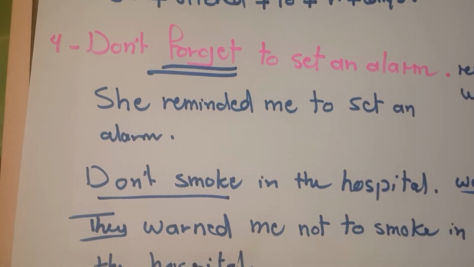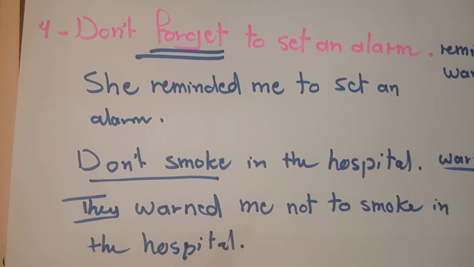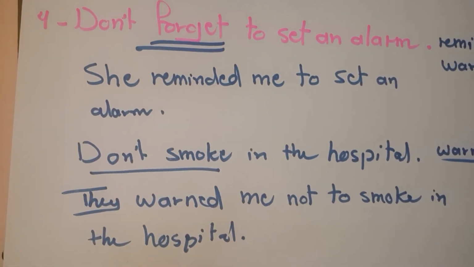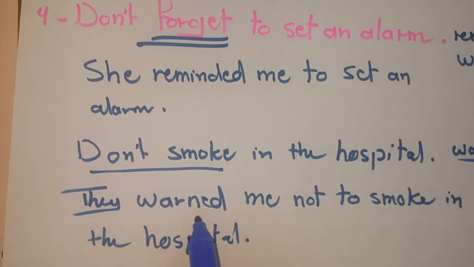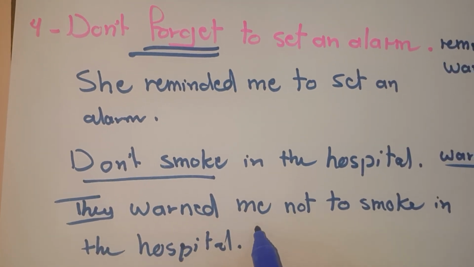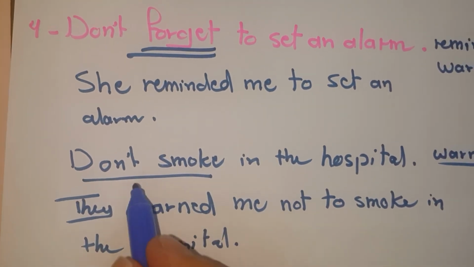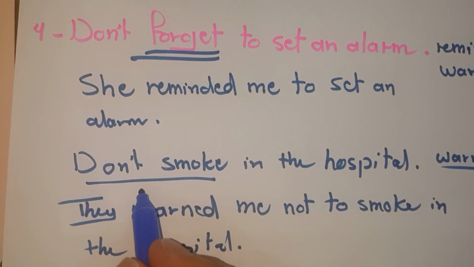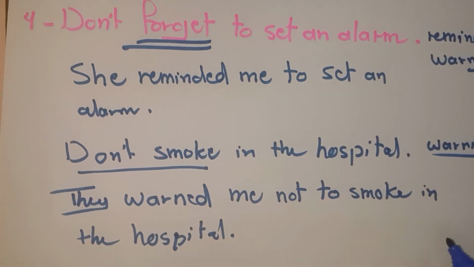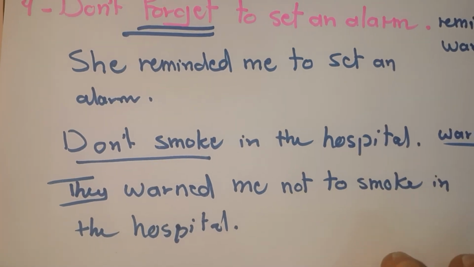Don't smoke. Prohibition. Warning. Don't do something. So if you want to report it, we use a subject, the verb warn, an object, the prohibition here. We have not, so we say not to do what? Not to smoke in the hospital.